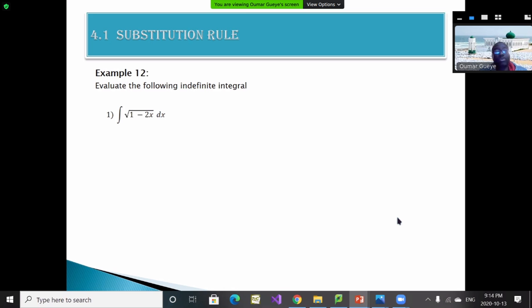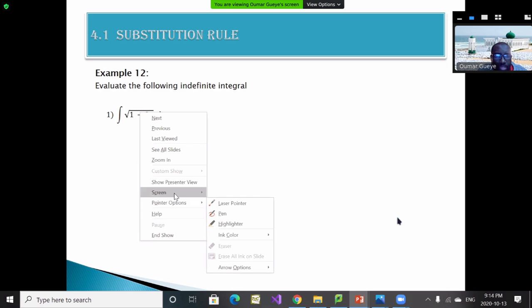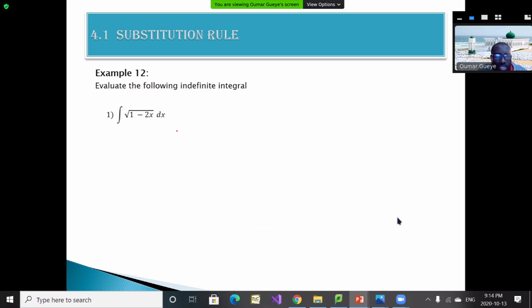The first example, we have the square root of 1 minus 2x. As I told you, it's easy to find the inner function u. What you have under the square root is going to be your g of x.